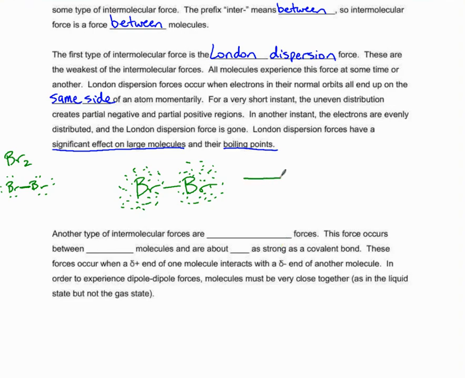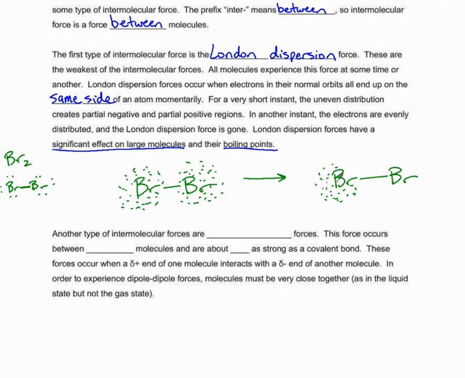Sometimes you get this instance where here's my bromine molecule, and this London dispersion force happens when a lot of the electrons tend to go to one side more than the other, and it just happens for a second. So here's my next instance, and look at this bromine atom.